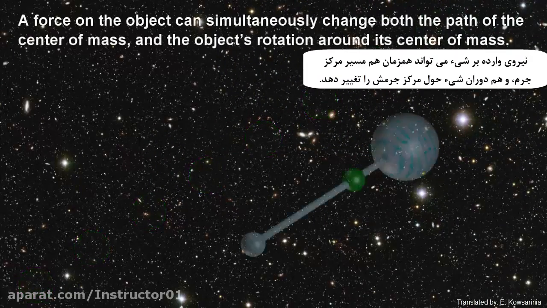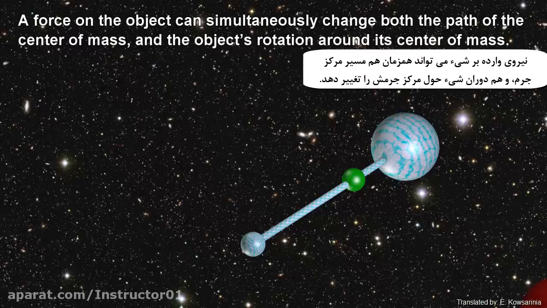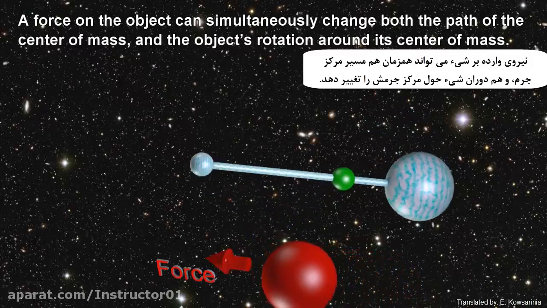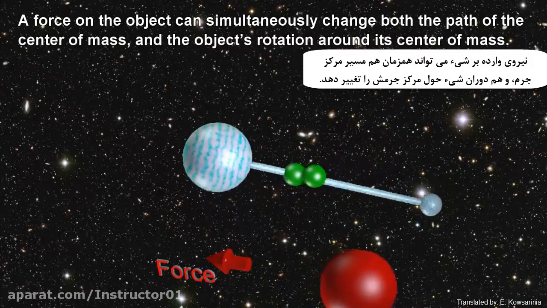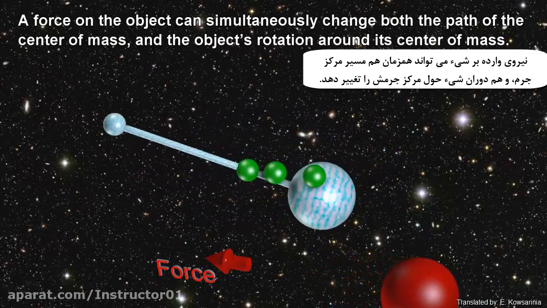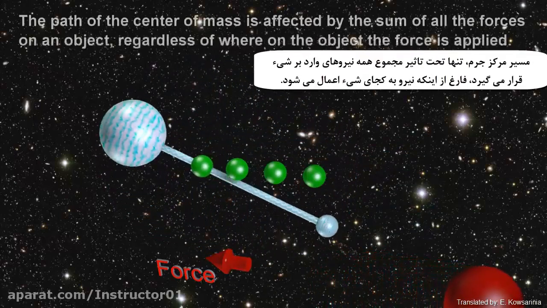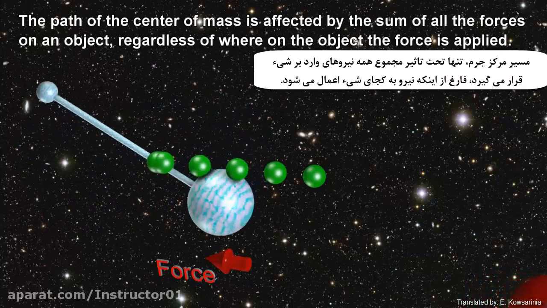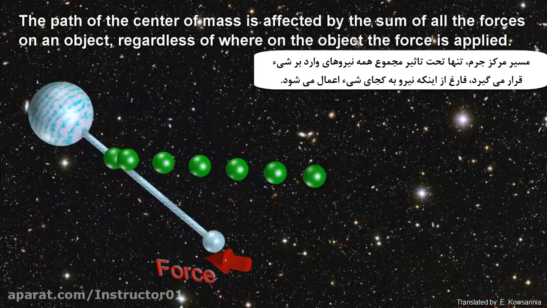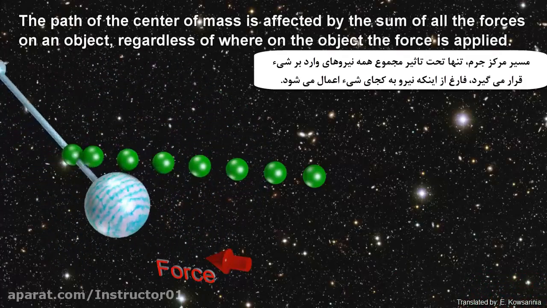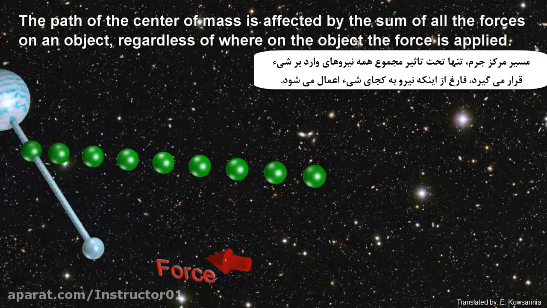A force on the object can simultaneously change both the path of the center of mass and the object's rotation around its center of mass. The path of the center of mass is affected by the sum of all the forces on an object, regardless of where on the object the force is applied.